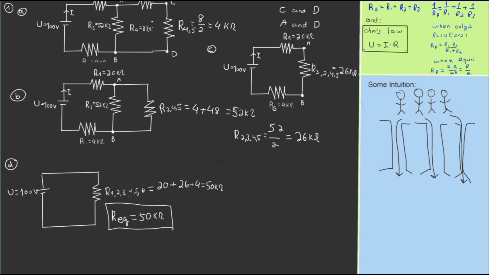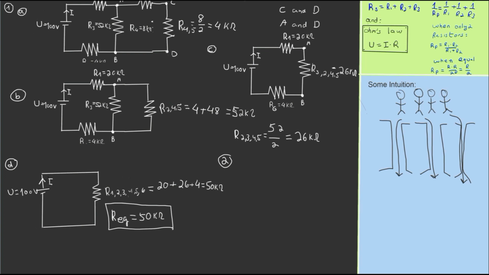Okay, so let's move to number 2. What's the current flowing in this circuit? Well, here the simplified circuit D gives us a very easy way to calculate the current in this circuit using Ohm's law, because there's just one resistor, one battery.